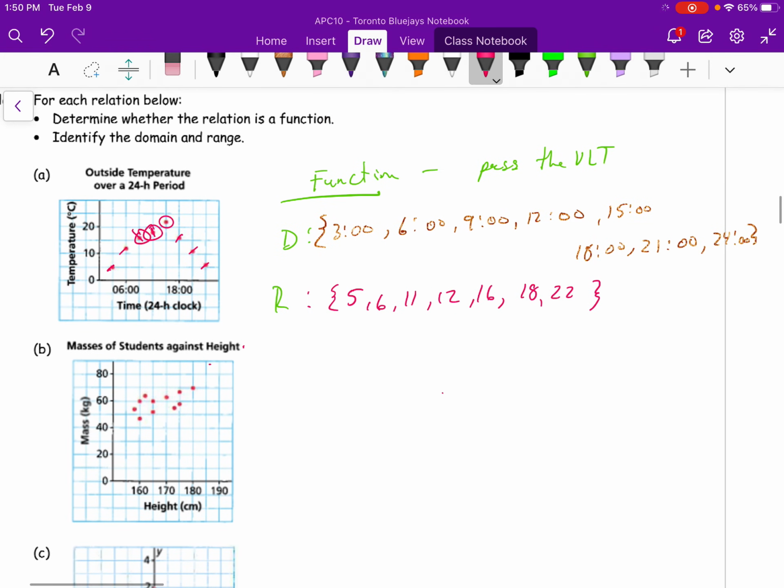Now, determine whether or not this is a function. If I use the vertical line test, is there a way that you could draw any vertical line so that it passes through 2 or more points? Yes, if you draw this vertical line, you notice it passes through this point and this point.